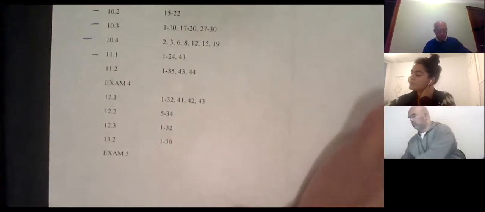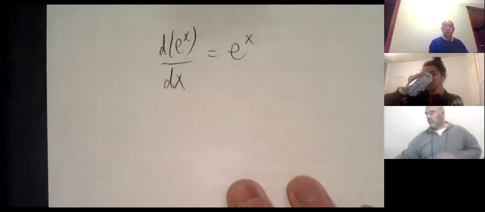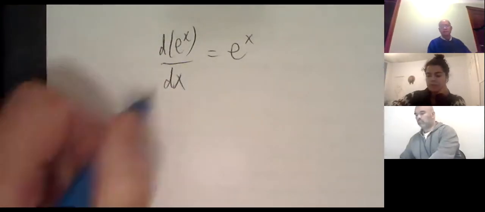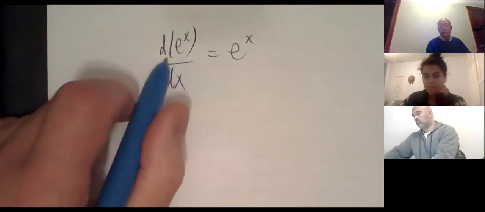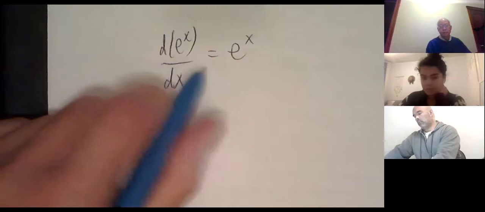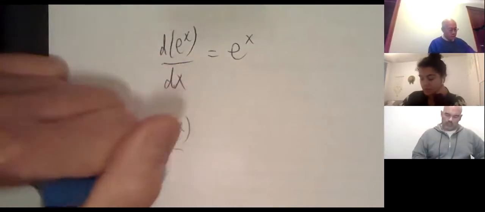So for the derivative of e to the x, let me write it like this. It's nice. Here's a function which is its own derivative. We won't prove it. We'll just say that it works. But that means do not go like this. Watch out for this.